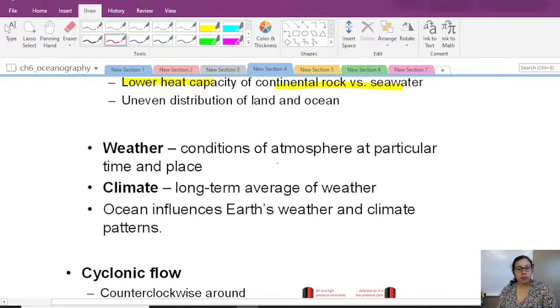And weather, of course, is the conditions of the atmosphere at a particular time and place, and climate is just the long-term average of weather.